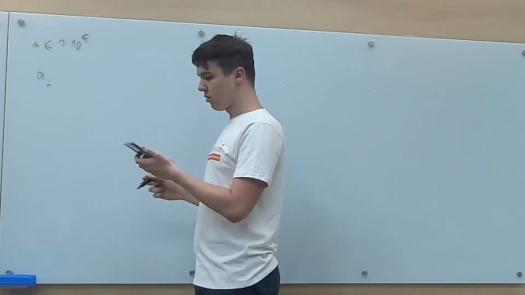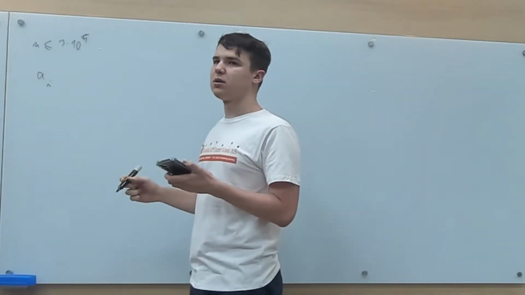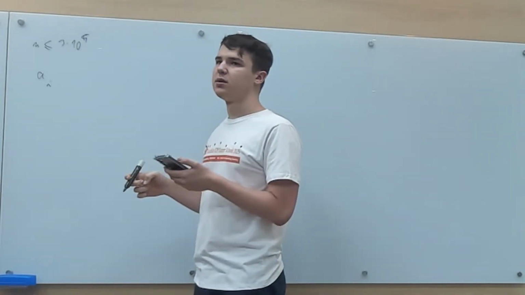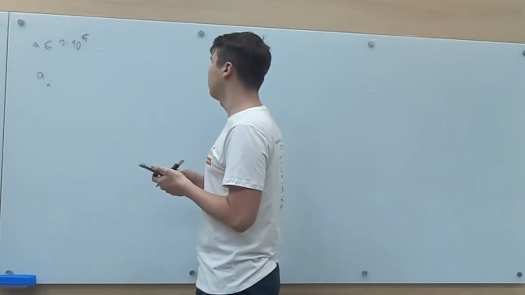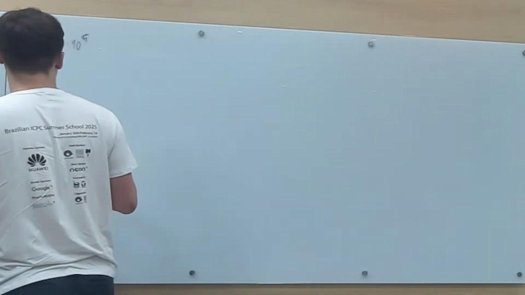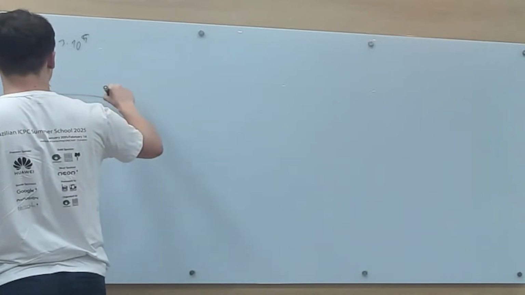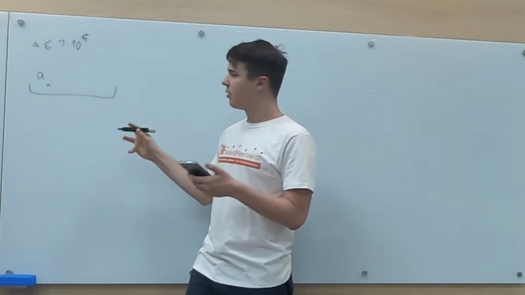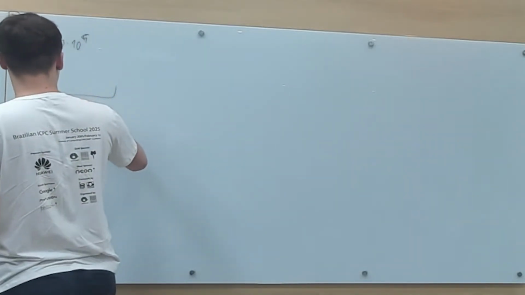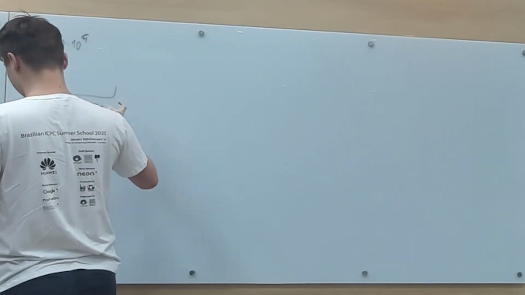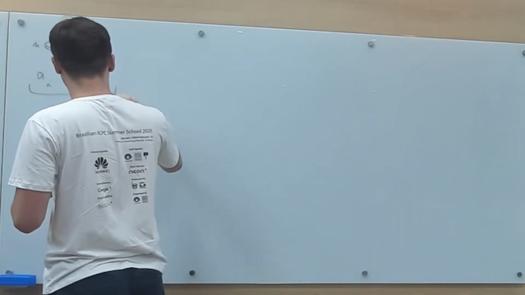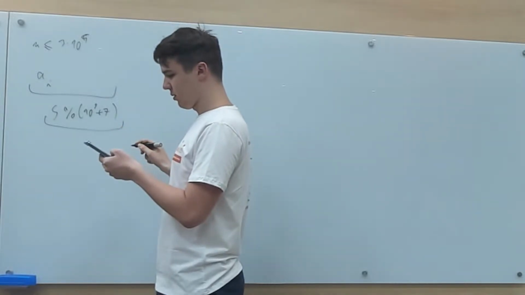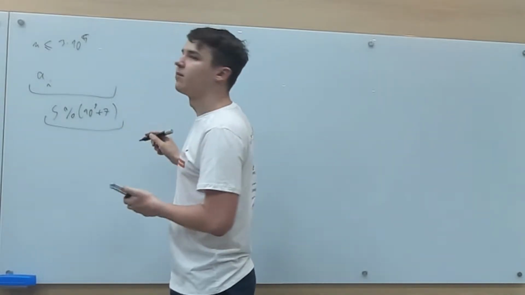So what we wanted to do is calculate the number of ways to split our array into segments, such that the sum of each interval, taken modulo 10 to the power of 9 plus 7, is even.